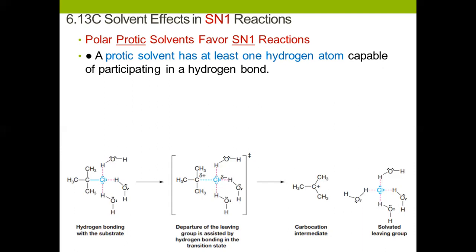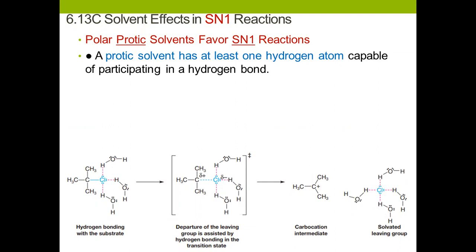Of course it will develop a negative charge, so there should be a way for the negative charge that chlorine or the leaving group carries with it to be stabilized. The only system that can stabilize the negative charge developed by the leaving group is the solvation effect of the solvent.